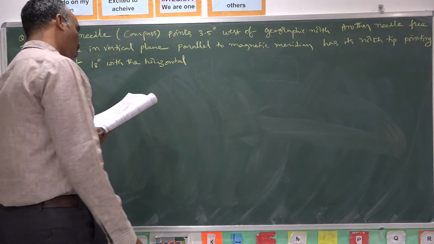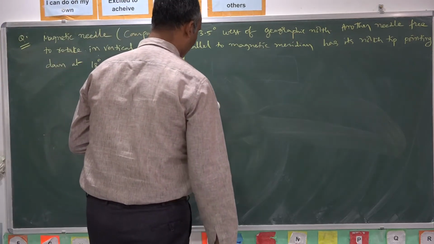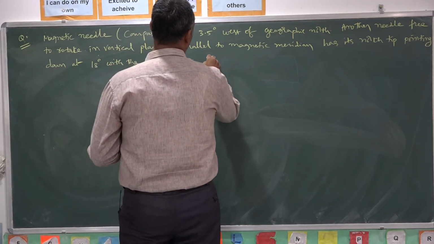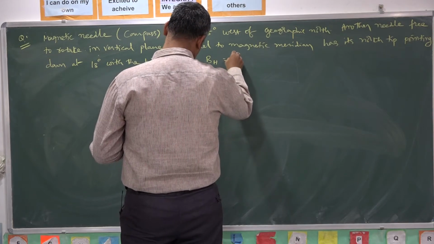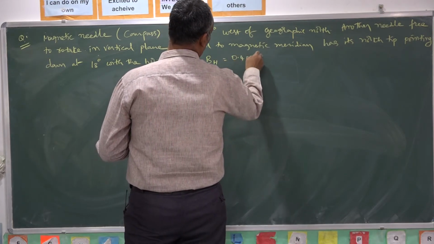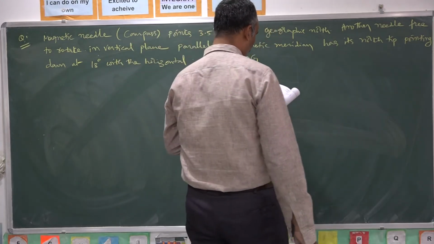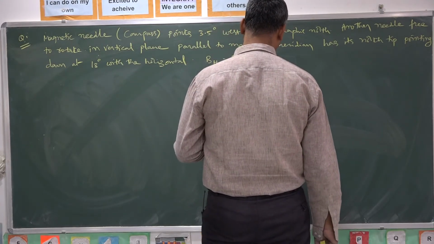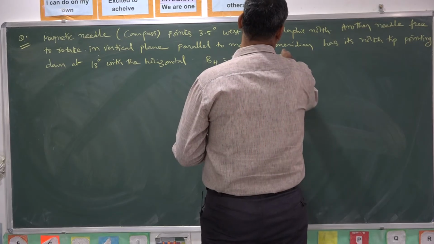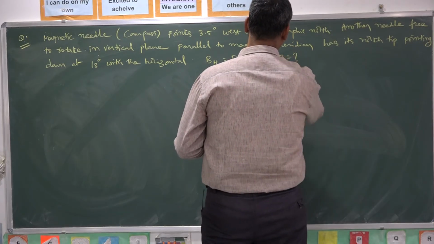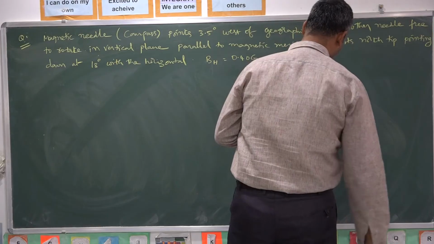The magnitude of the horizontal component of Earth's magnetic field at the place, that means the BH value, they gave as 0.40 Gauss. What is the magnitude of Earth's magnetic field at that place? They are asking the B value, the net magnetic field at that place.